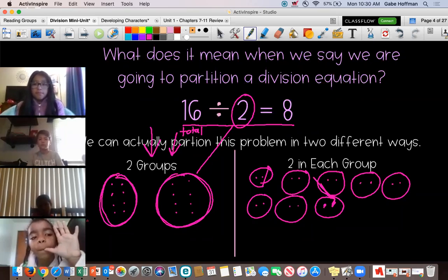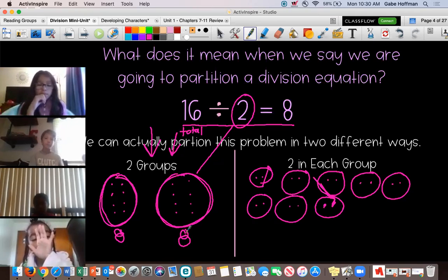I think 2 equal groups. So my 8 is my number of dots per group. So this group has 8, so does this group. Okay, 8 in each group because I divided 16 equally into 2 groups and I got 8.